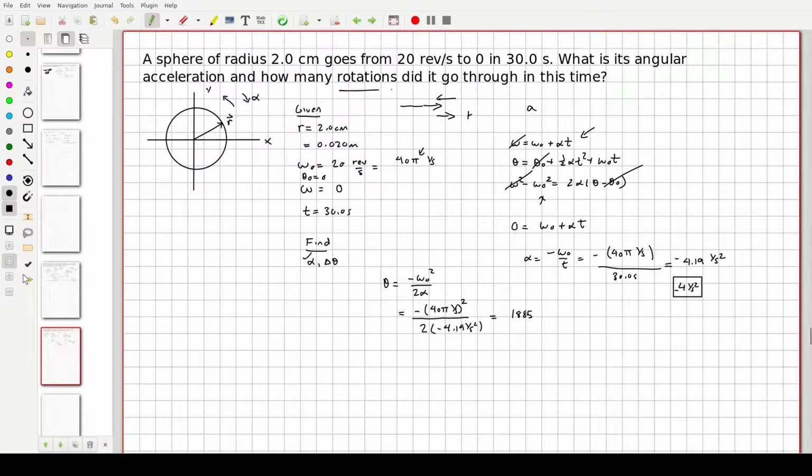Now, but we want rotations. Okay. So one rotation is 2 pi radians. So if I were to take this and divide it by 2 pi, I get 300. So there's your answer right there.